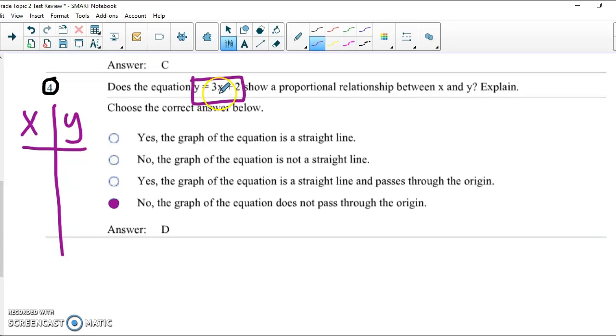I'm going to start with 0 for x because I want to know if it's going to go through the origin. I substitute 0 for x, which means 3 times 0, which is 0, plus 2. Right off the bat, I see that it's going to go through the point (0, 2), not the point (0, 0). So this graph does not go through the origin, so it's not a proportional relationship.